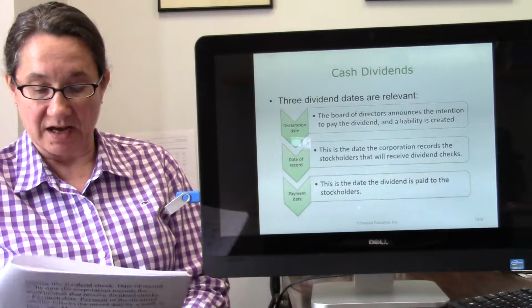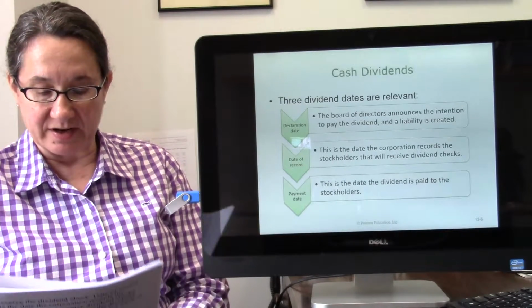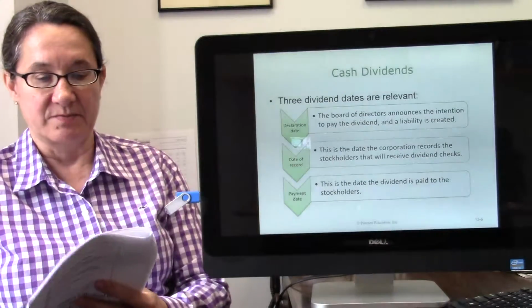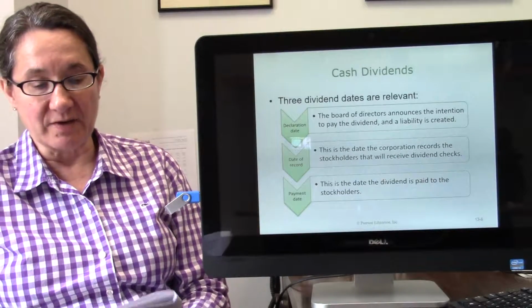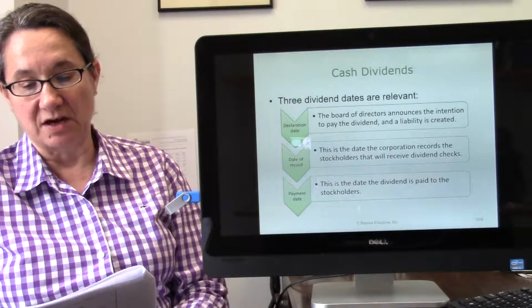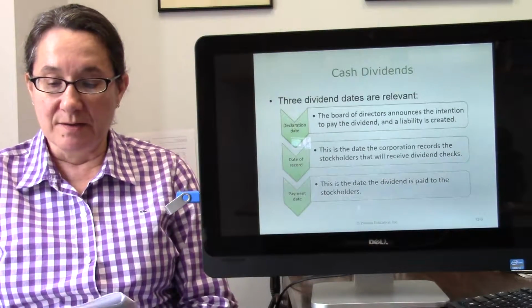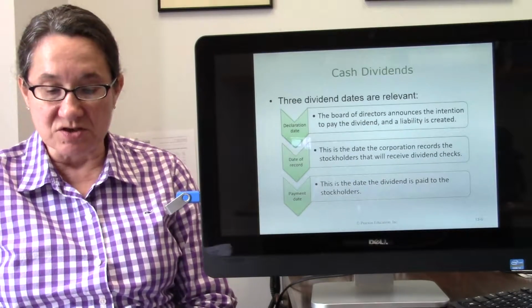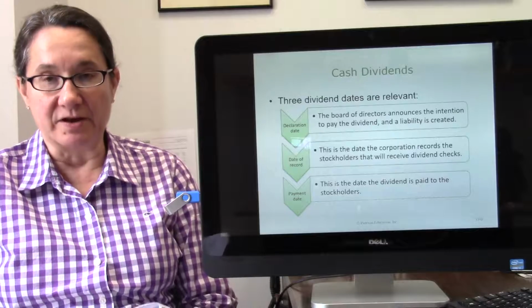Stockholders holding the stock at the end of business on the date of record, a week or 2 after declaration, let's say May 15th, will receive the dividend check. Date of record is the date the corporation records the stockholders that receive dividend checks. Payment date. Payment of the dividend usually follows the record date by a week or 2, let's say May 30.